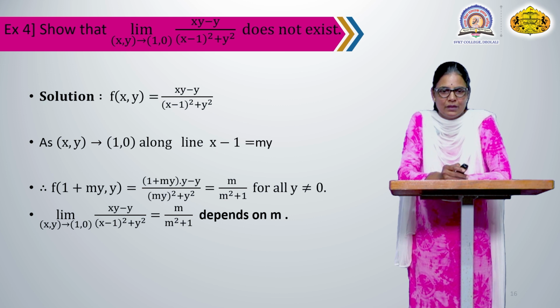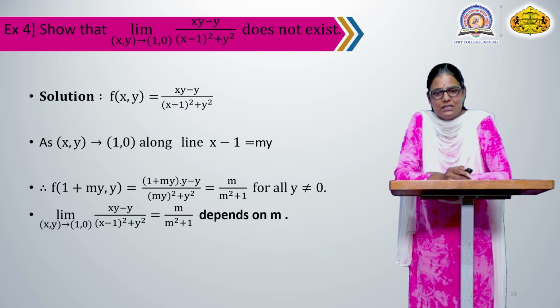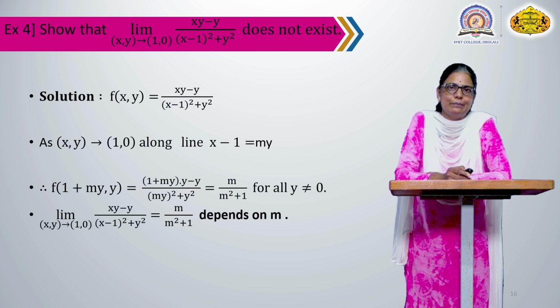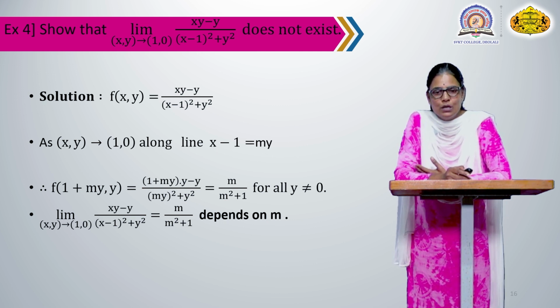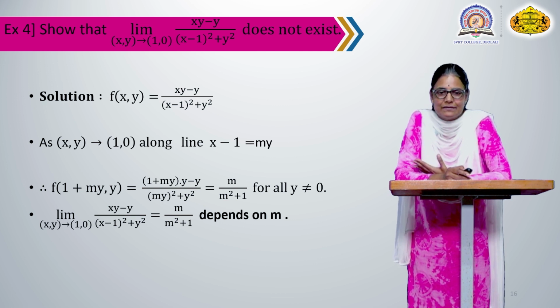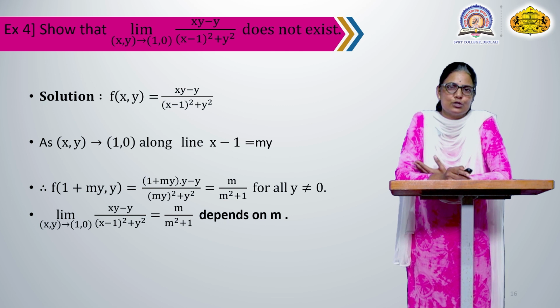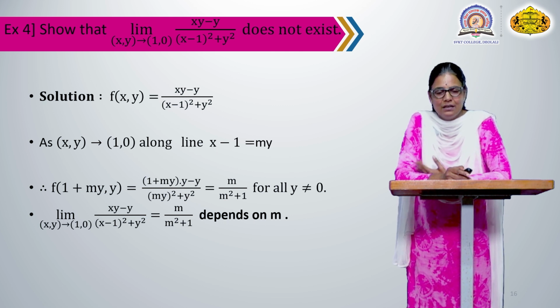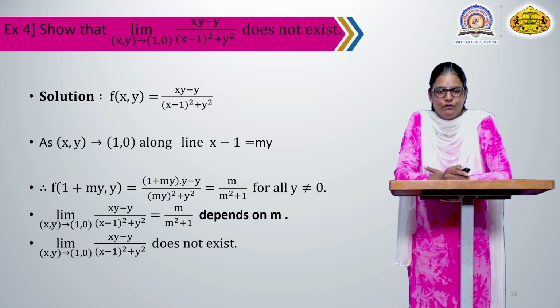So the function value is m upon (m square plus 1), and the limit is the same value, which depends on m. That's why we get different limits of the function, and we say that the limit of the given function does not exist.